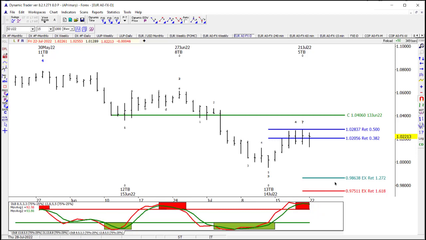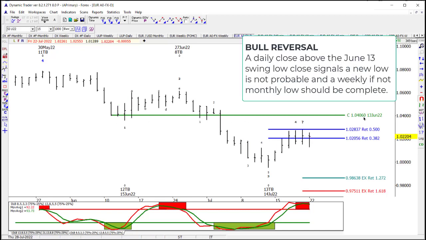Whenever we think we have the position of the market figured out by whatever technicals we use, we then have to identify what can the market do to avoid that. So in this case, what can the euro do to signal that that multi-month low is already complete? Well, it can make a close above 1.04060.